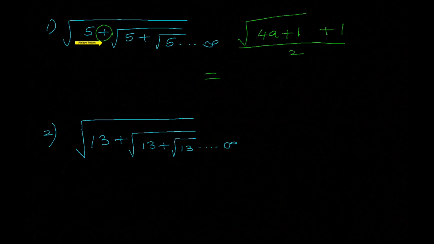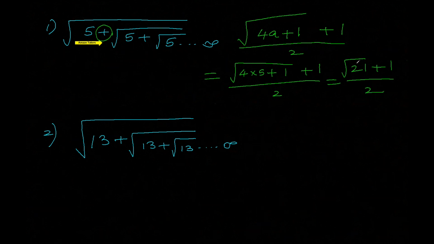And a is the given prime number. What is a in this case? 5. Square root of 4 times 5 plus 1, outside, divided by 2. 4 fives are 20, 20 plus 1, 21. So square root of 21 plus 1 divided by 2. This is the answer. Is it not so simple? And it is really quick as well.